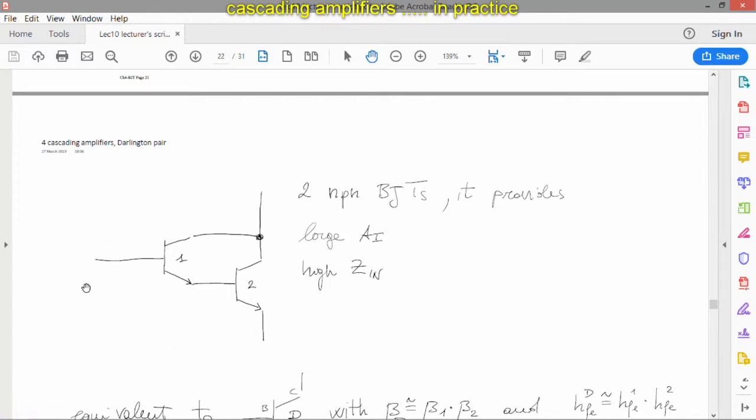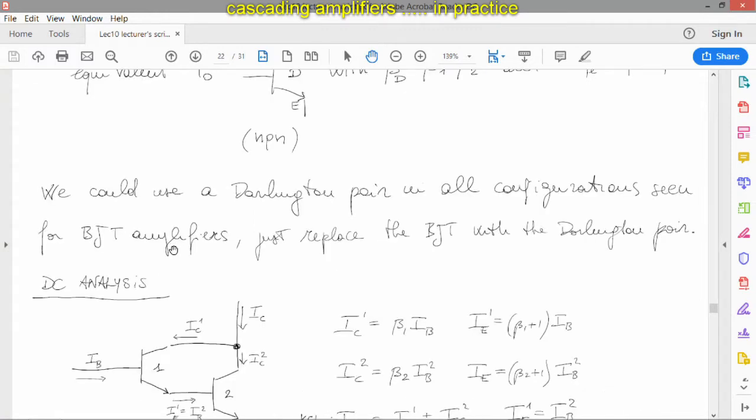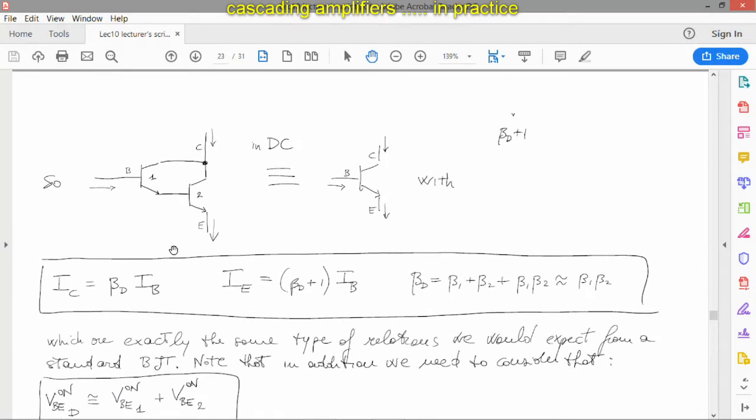So we realize already from this very simple qualitative discussion that the Darlington configuration, the Darlington pair, behaves effectively as a new BJT that has a beta that is the product of the two betas. So very, very high current amplification. I'm not going into further details. I've done here the whole analysis just to prove what I just said.